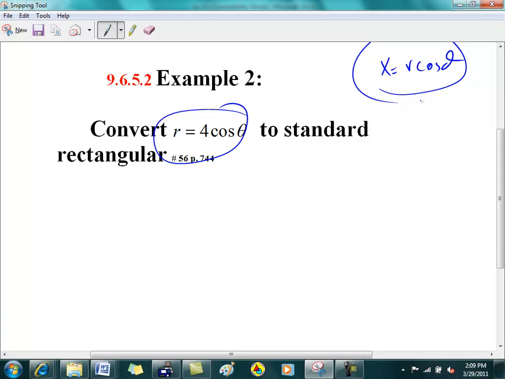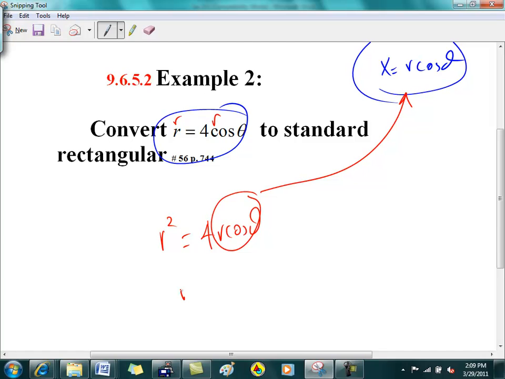Oh. Okay, so here's a creative step. If I times this by r, and if I times this by r, what do I get on the left hand side? What do I get on the right hand side? Now do I see a connection?